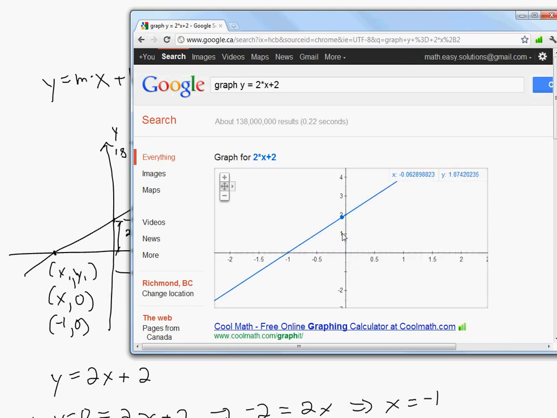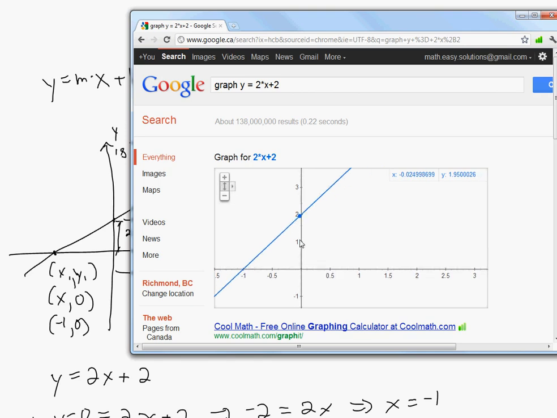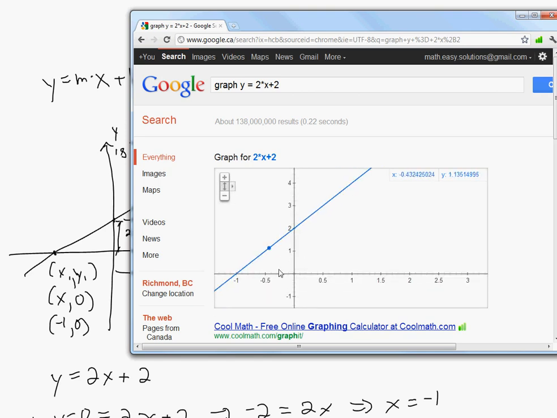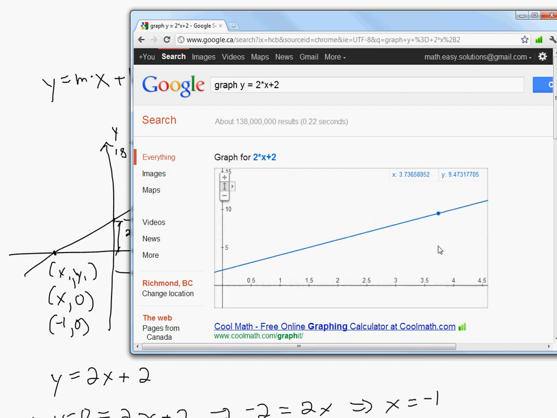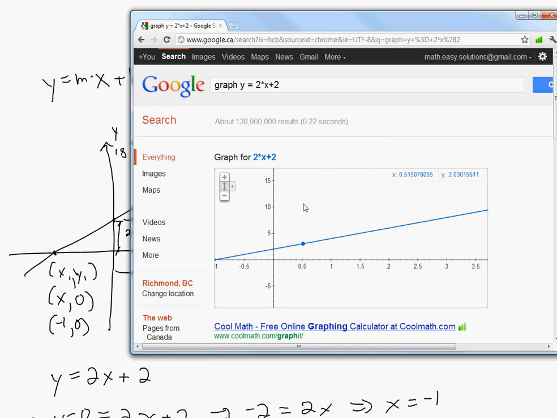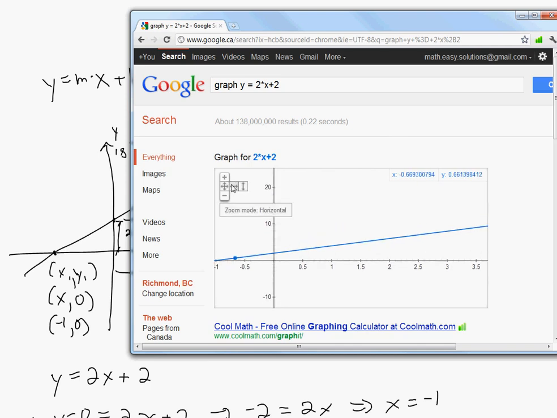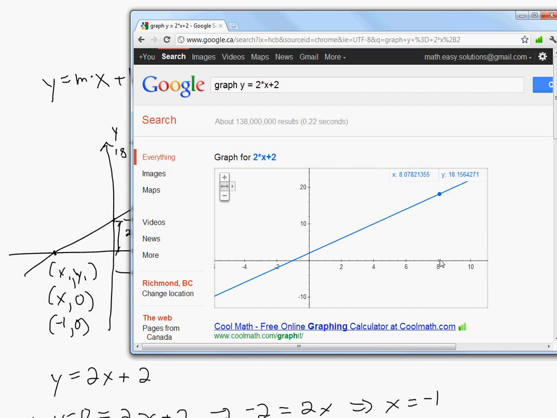You could zoom in more, zoom in vertically. So there's negative 1, and this is the 2 intercept. If we make this bigger to get to 18, and zoom out to 8, so this is 8 and around 18.